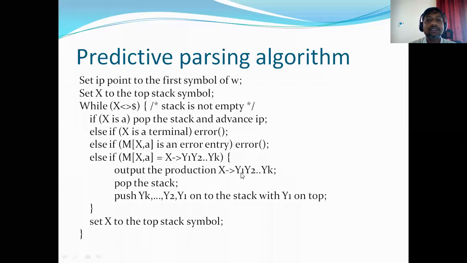Output the production X derives Y1, Y2, up to Yk. Pop the stack, push Yk first, then up to Y2, Y1 in the reverse order. Set X to the top stack symbol. After popping the current top of the stack, we have to set the next immediate symbol on top of the stack as the new top of the stack symbol.